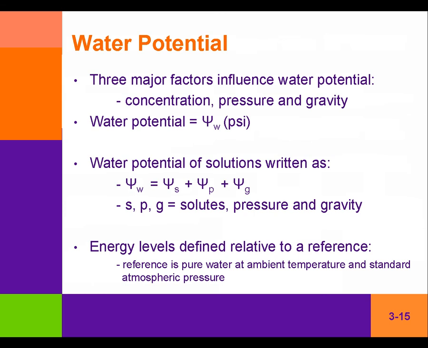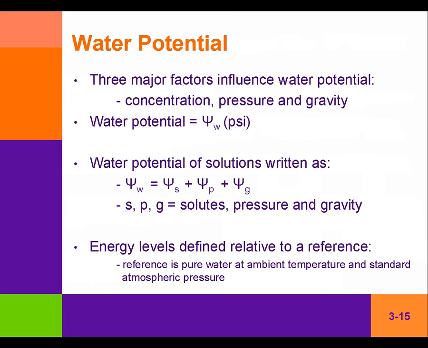If we put water into a confined space, we increase the hydrostatic pressure it has. It wants to burst out. So we're increasing its water potential if we confine it into a space. If we pull on that liquid, we are decreasing that hydrostatic pressure, because it wants to move, it's pulling on it.